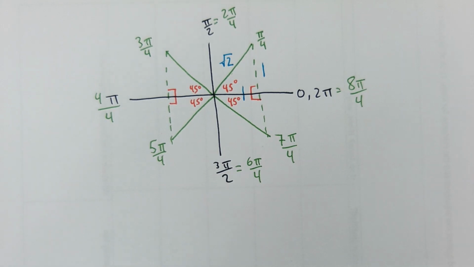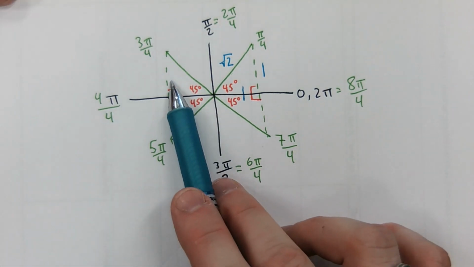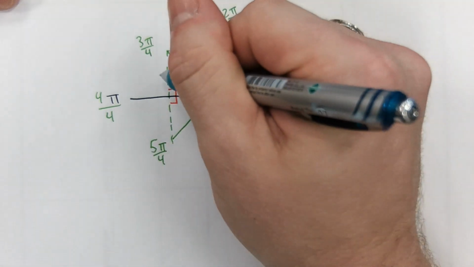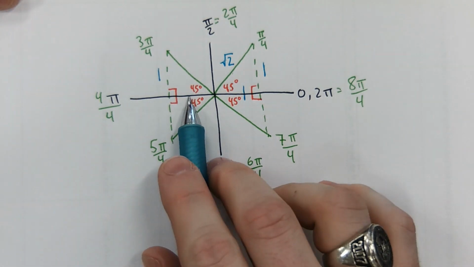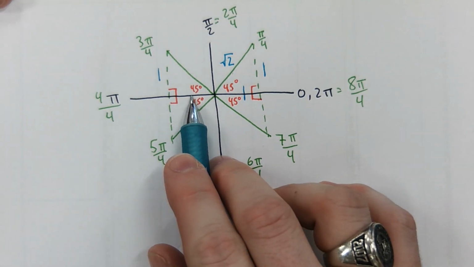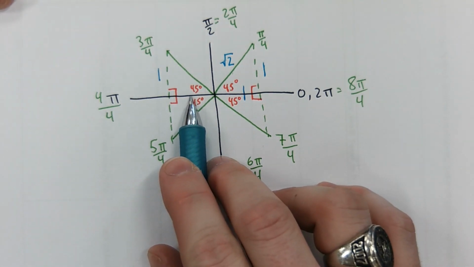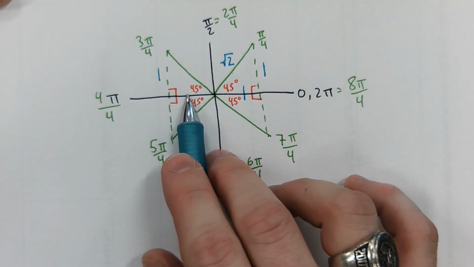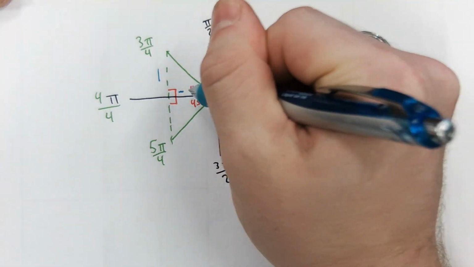Now, when we move over to quadrant 2, we have to be careful. This vertical line is still positive here, but our horizontal side, which is always the x-axis, is actually on the left side of the coordinate system. That means that this x value is a negative x value, so we'll call it negative 1.